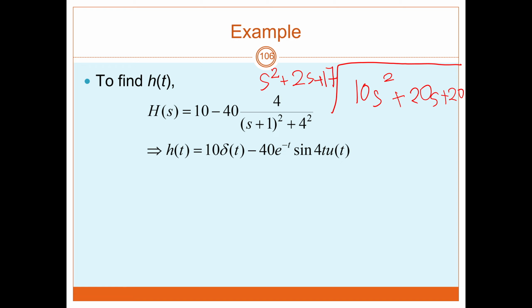Okay, so multiply by 10, then s squared plus 10 minus 2, 20s plus 170, which is equivalent to 160.